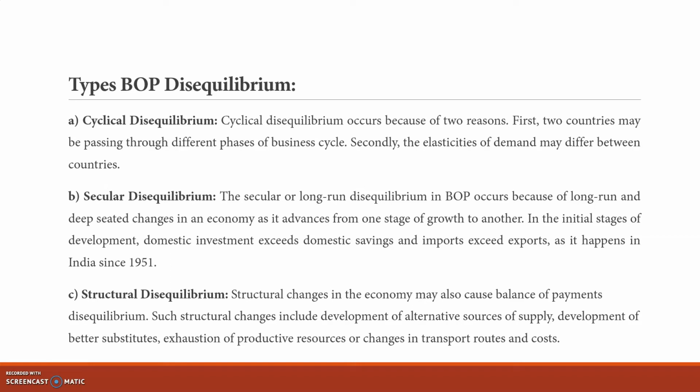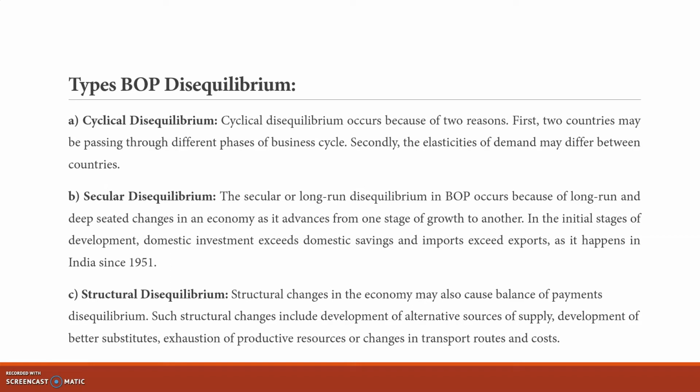scarcity of resources. இப்போ அந்த development-க்கு நிறைய resources தேவையாக இருக்குது அப்படின்னு சொன்னால் alternatively we have to depend upon other countries for imports. Then development of better substitutes. நம்ம நாட்டிலே சில பொருட்கள் கிடைக்கல அப்படின்னு சொன்னால் we have to think of substitute products we can produce within our nation. So that is better substitutes.